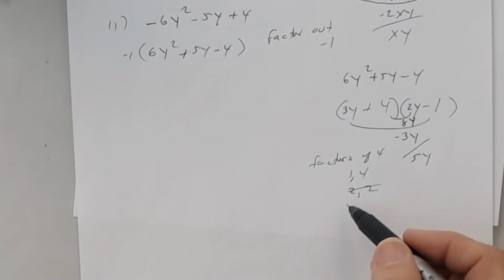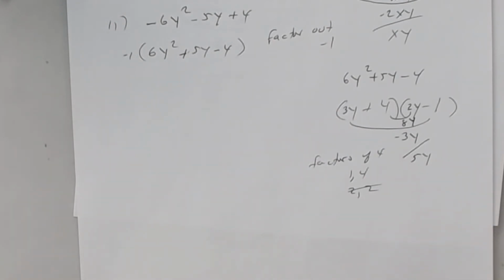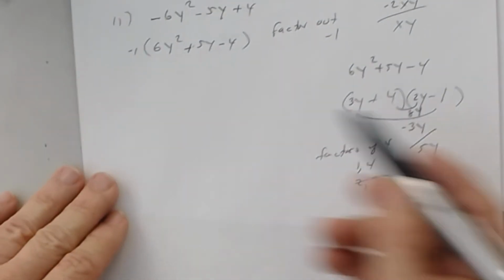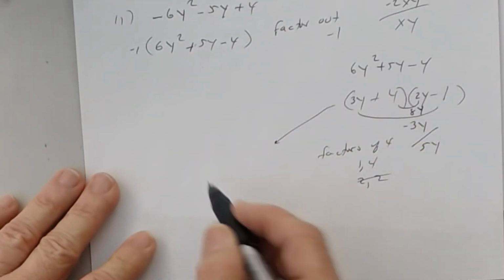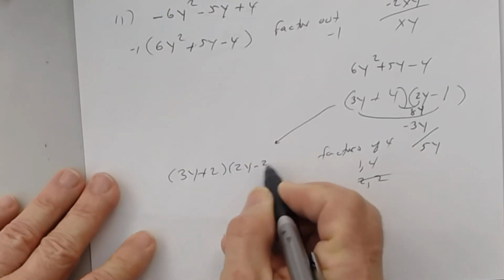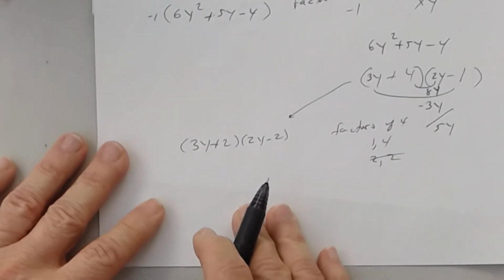Now let's suppose you didn't see it. I'm hoping you do, because the more you have in your knowledge, the more you can do with it. But let's suppose you did not see that that 2 and 2 wouldn't work right away. All right, no big deal. You would have used them. So you would have said 3y plus 2 times 2y minus 2, right? That's what you'd have done. All right, let's check.